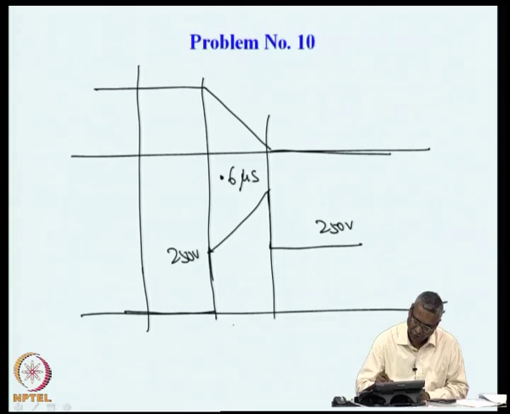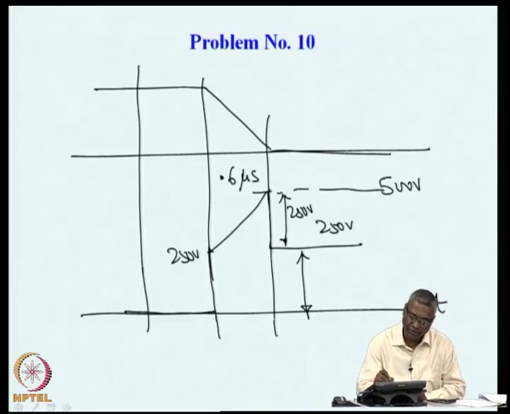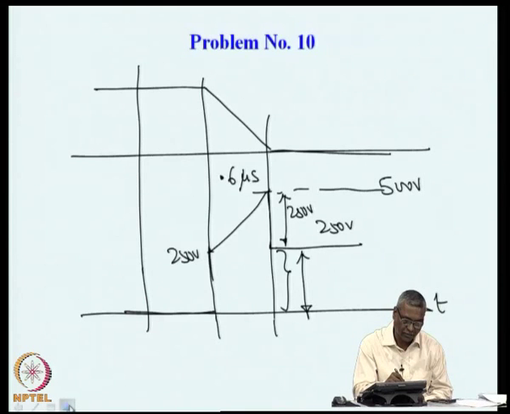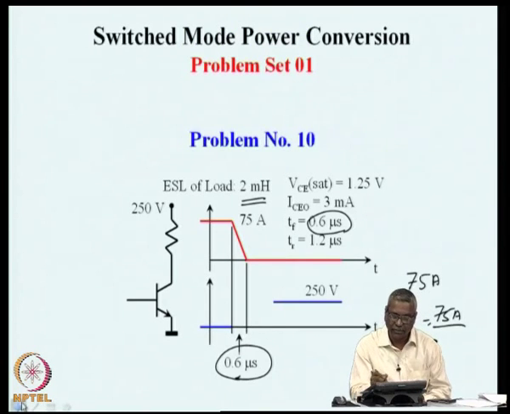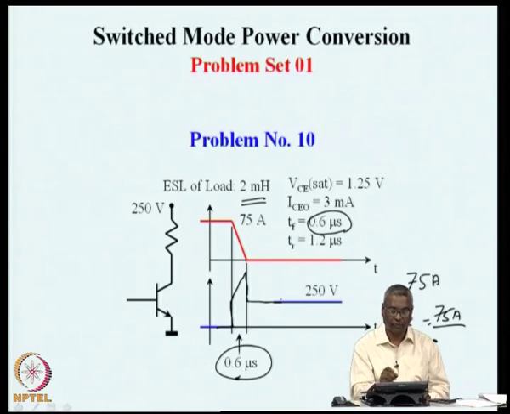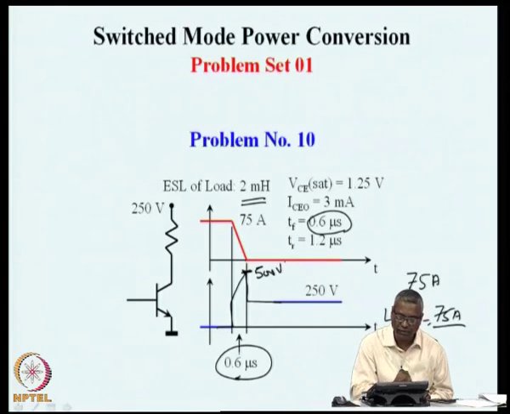Just before completely turning off, the voltage goes to a peak of 500 volts, which is the supply voltage plus the inductive drop, and that is what we had seen in this particular example. So, in this example, the voltage jumps to an additional voltage of 500 volts at this point.